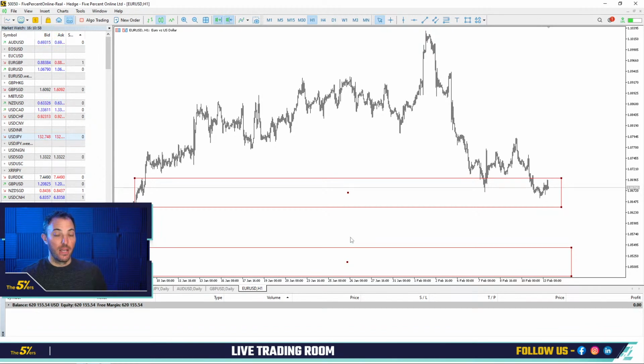So my short-term approach to this, or mid-range approach, or my bias from this context, is to go short. So if I'm going to lower time frames afterwards to try to pick a direction in my trading, I'll go short, because I think the market has already reacted to this demand area, and we're going to test the next one, which is down here.